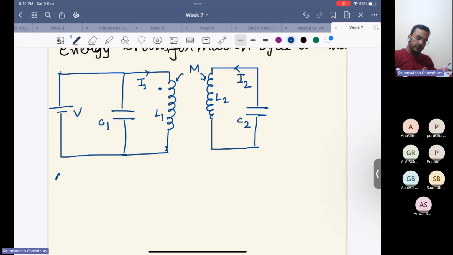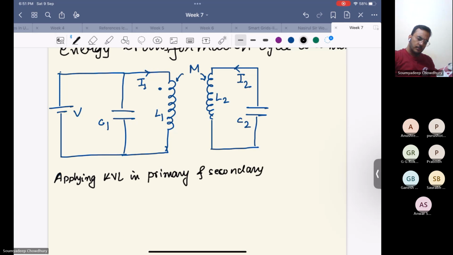So if you apply KVL in the primary, in this loop we are applying. Current I1 is flowing through C1.